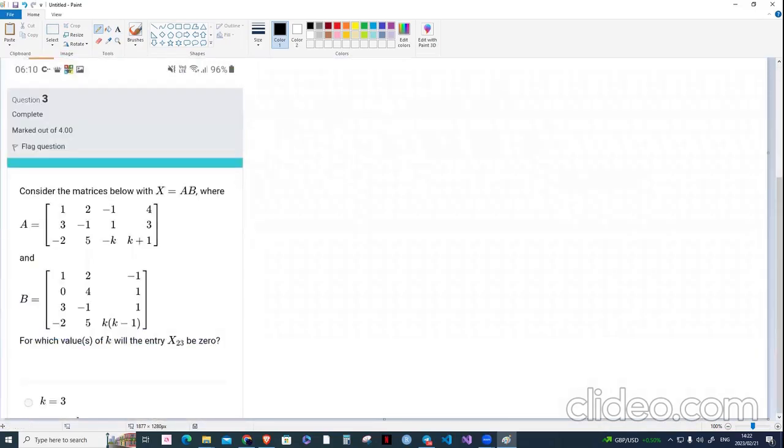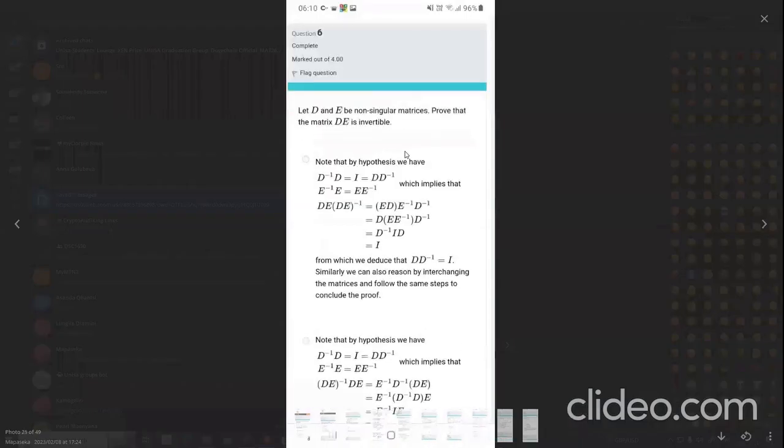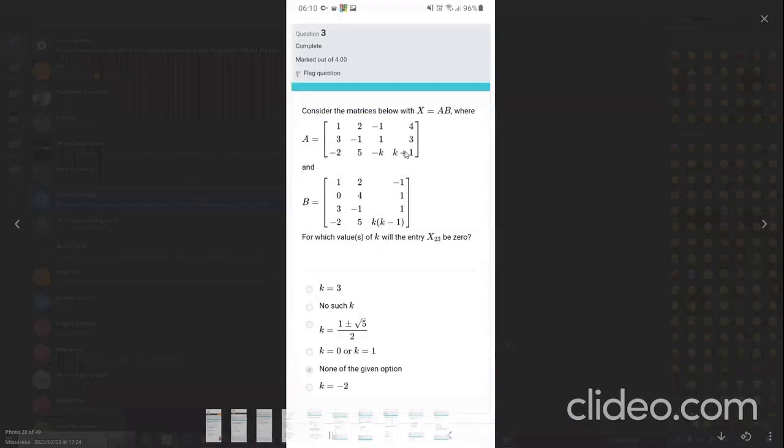Let me check again. I wonder why it's not pasting correctly in here.